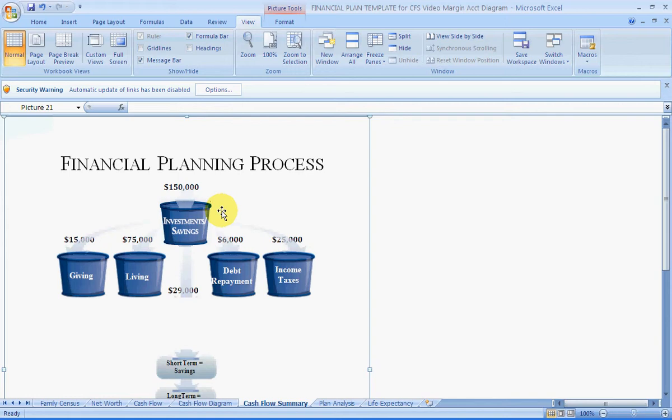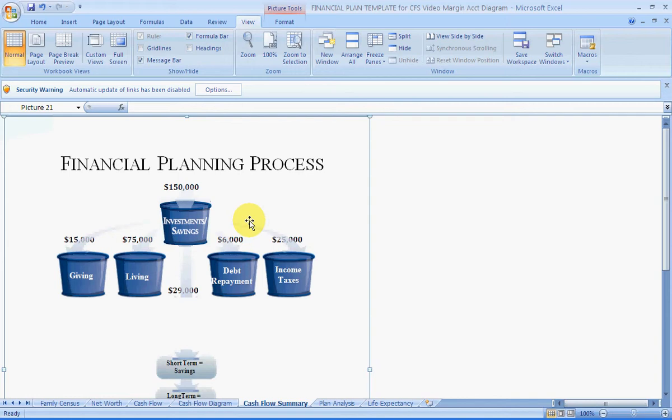One is that the capturing of savings, or the capturing of cash flow margin, ends up being automatic. In other words, you have to assign a certain amount per month for giving, living, and debt repayment. Otherwise, it's going to be saved. So instead of trying to divert money into savings, it by default saves the money.